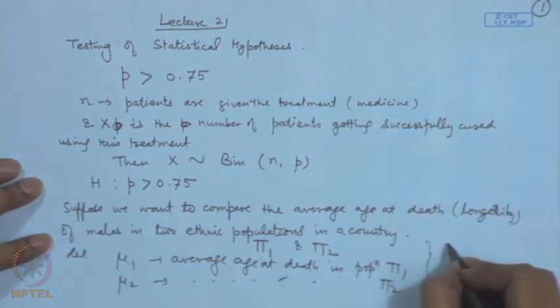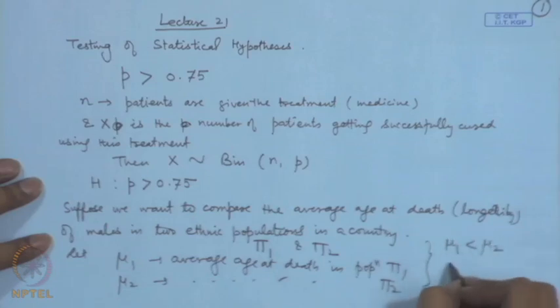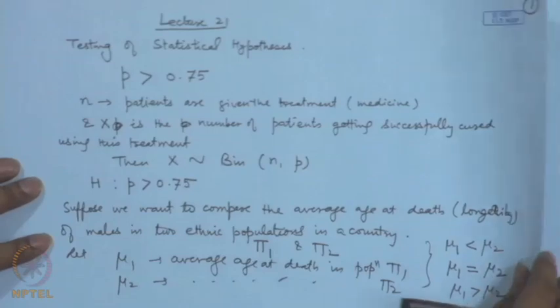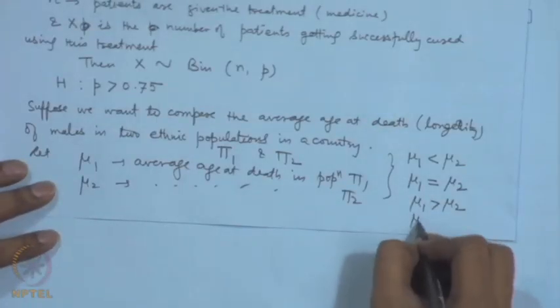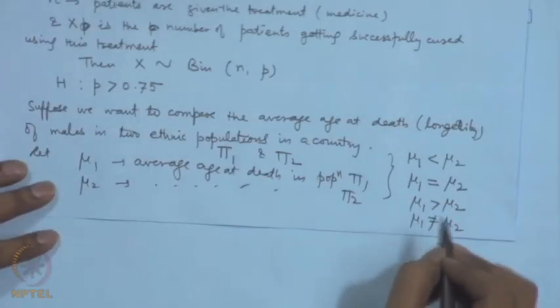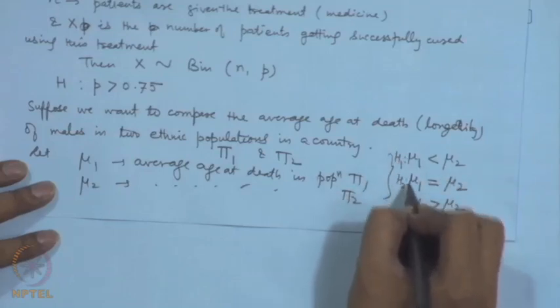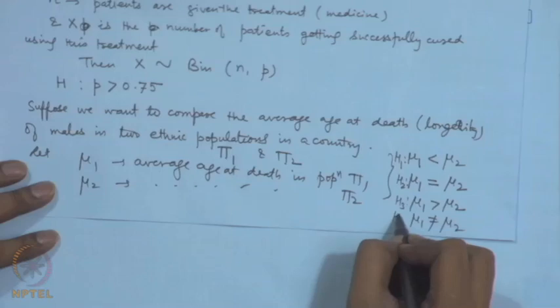Then we are interested in testing a hypothesis, say whether mu 1 is less than mu 2. We may like to test whether mu 1 is equal to mu 2. We may like to test whether mu 1 is greater than mu 2. We may like to test whether mu 1 is not equal to mu 2. Let me give some names to these hypotheses, say H 1, H 2, H 3, H 4.